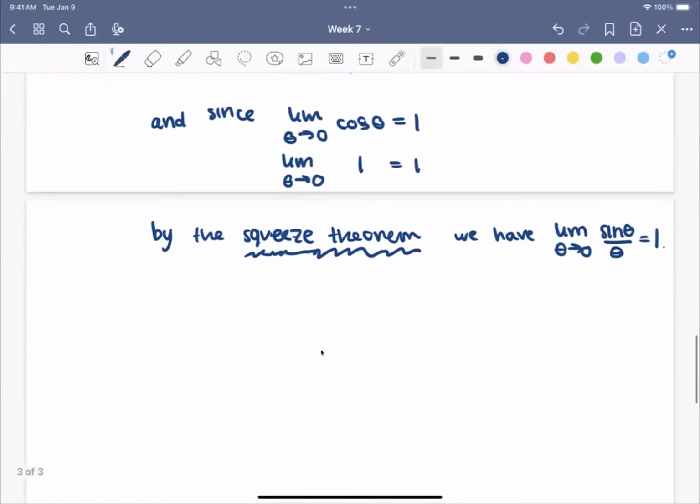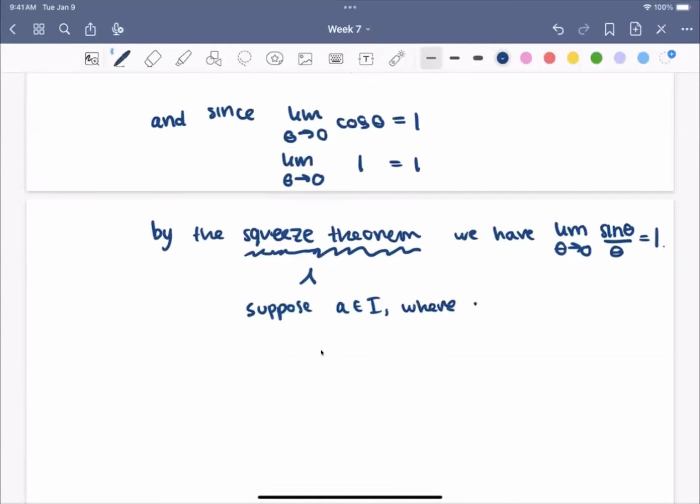So what does this say? Let's suppose that we have some element a in some interval, where I is an interval.